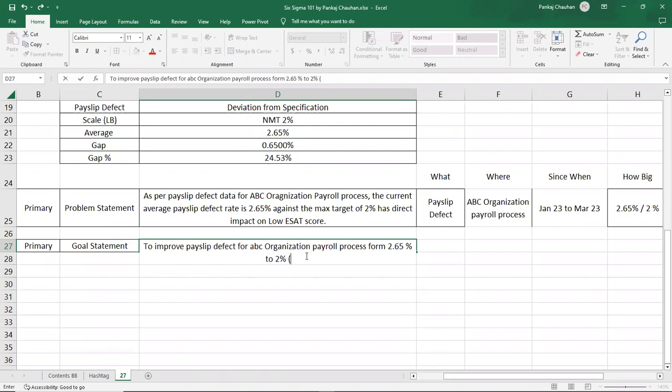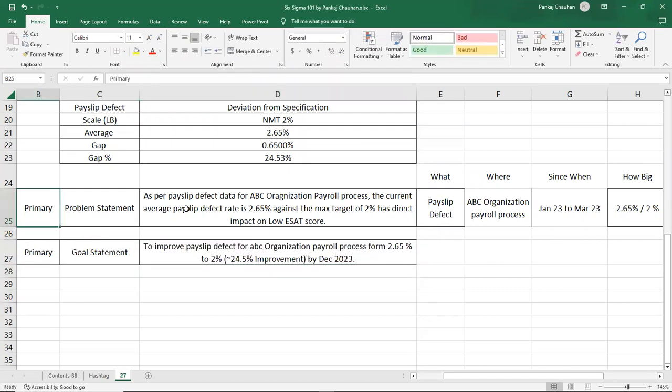Approximately 24.5% improvement by December 2023. And my goal statement for my primary problem or CTQ is over.